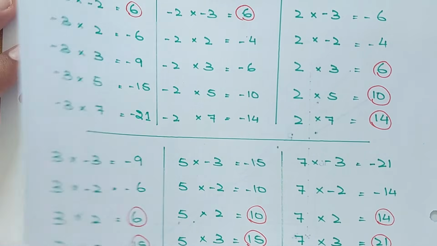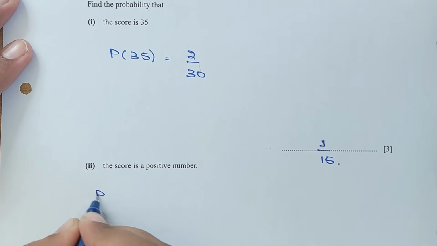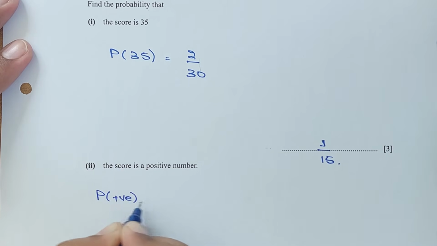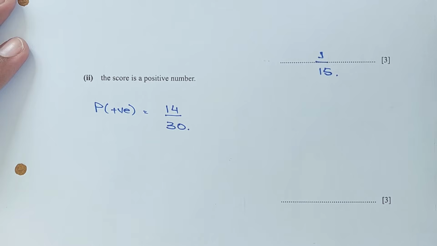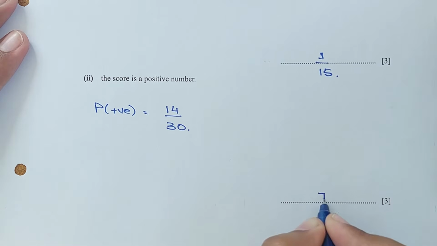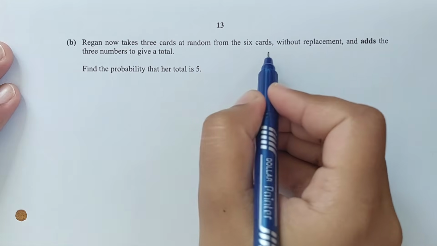So 14 are positive out of 30, right? Probability of positive, 14 outcomes are positive out of 30 outcomes. Converting 14 over 30 to simplest form, 2 times 7 is 14 and 2 times 15 is 30. 7 out of 15.